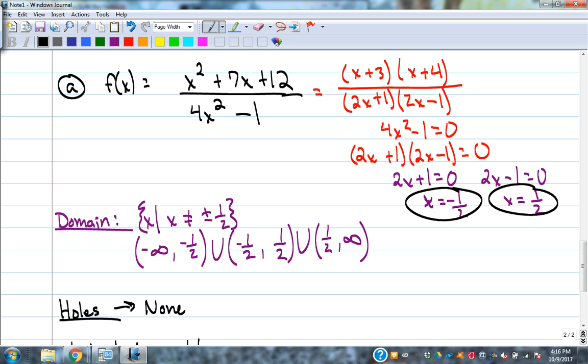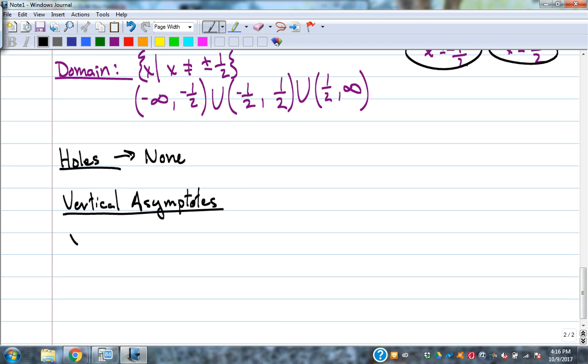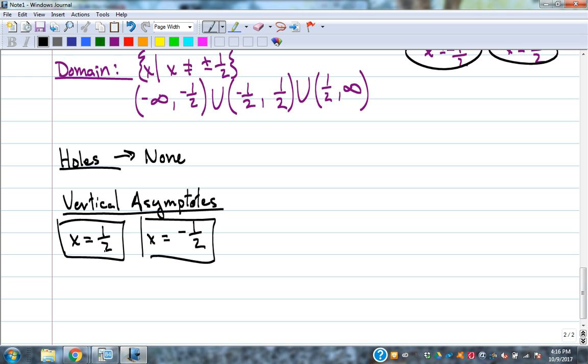If nothing cancels out, your vertical asymptotes are those. So there's vertical asymptotes at x equals positive 1/2 and x equals negative 1/2. If one of those factors cancels out, then it can't be a vertical asymptote. Does that make sense? If it canceled, it can't be a vertical asymptote. If you get kicked out of the game, you can't play anymore, right? So if you get canceled out, you can't be a vertical asymptote.